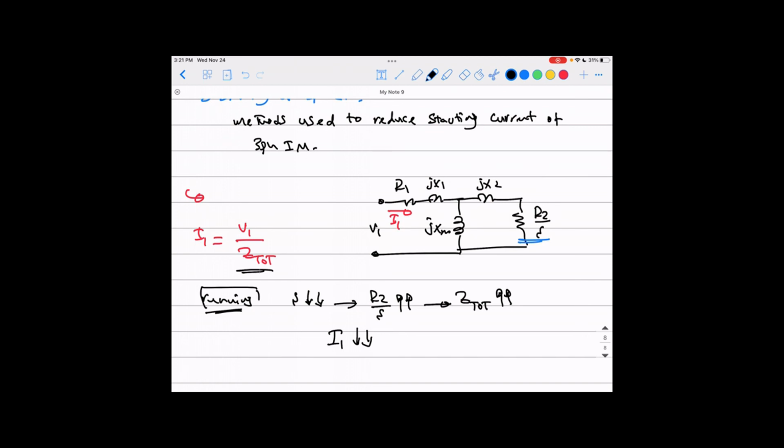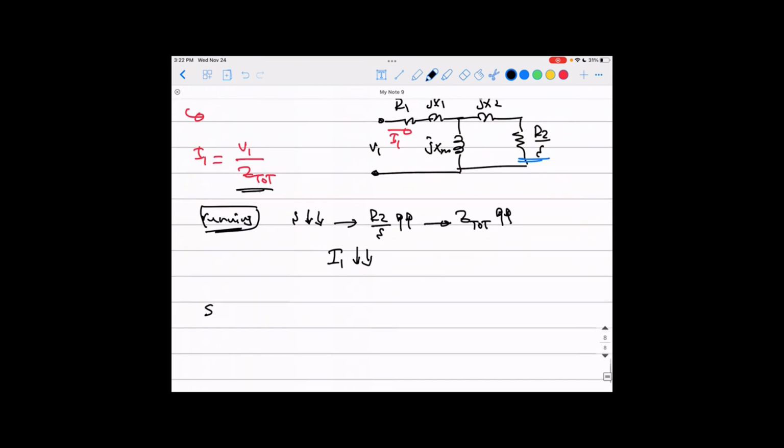But that's all if you're talking about a running condition. What's happening at the starting condition? At the starting condition, the slip equals 1 because the speed equals 0. With the slip equal to 1, R2 over s is now very small. What makes this term high is that the slip is typically very small in the denominator.